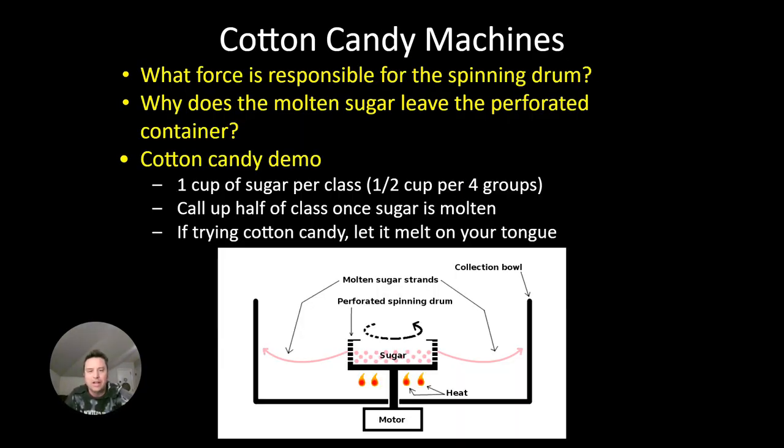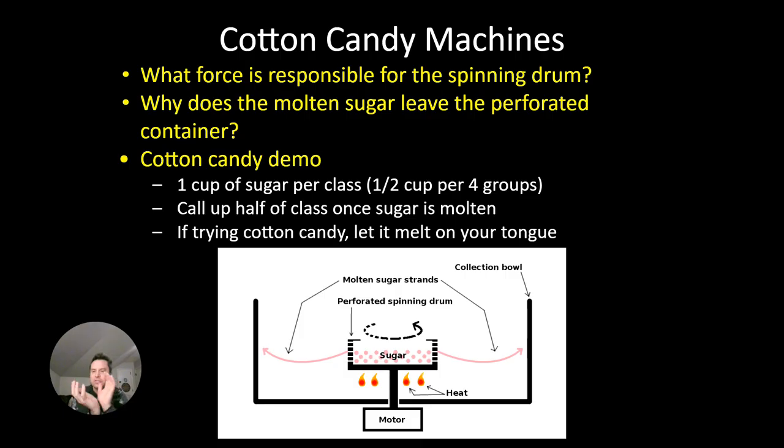And then cotton candy. Again, these are just applications. All the cotton candy machine is doing is melting that sugar and spinning really fast, and there are perforations in the side. If you've ever been on the ride where the ride's spinning and you're standing on the outer wall and you feel like you're getting pushed up against the wall, again, it's your inertia.